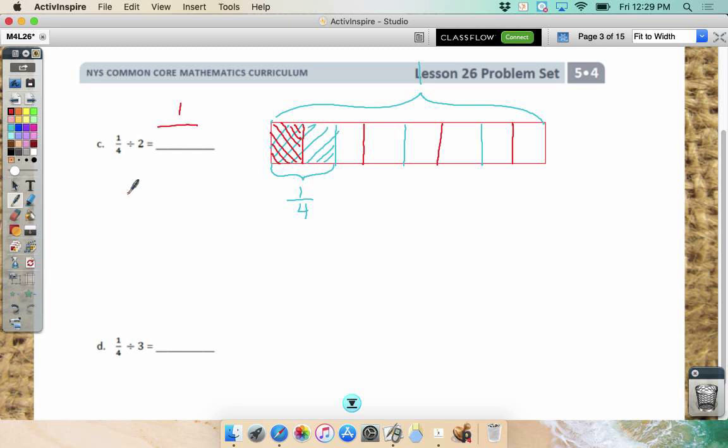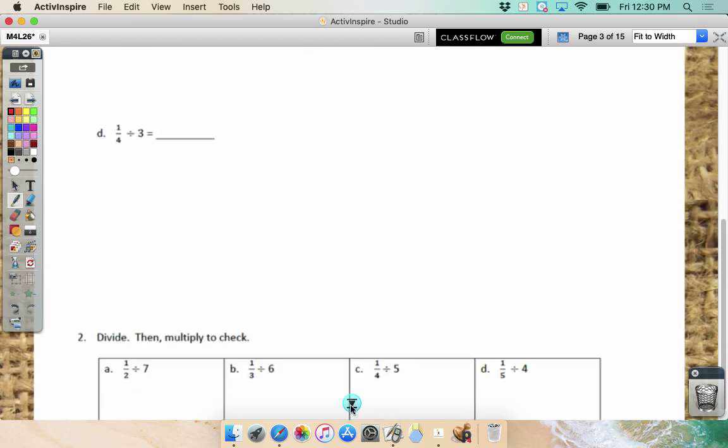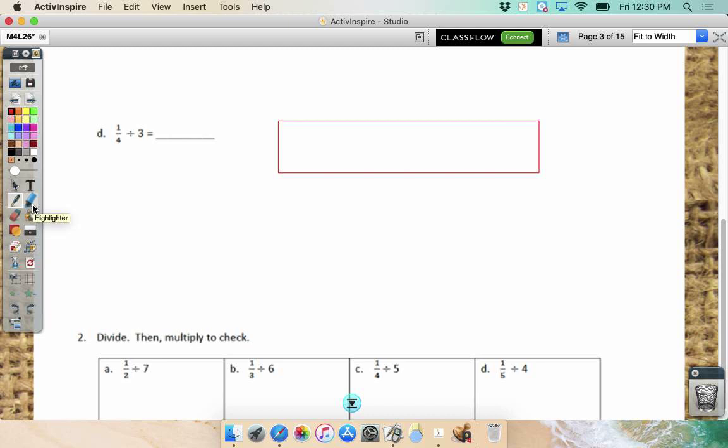What's 4 times 2? So that's my answer. Is that what this shows? Yes. Sure enough, it does. Okay, let's keep going. So the next problem, 4th pan of brownies again. So start with 1/4.